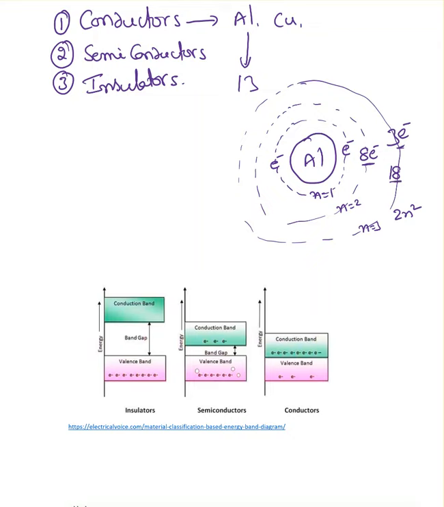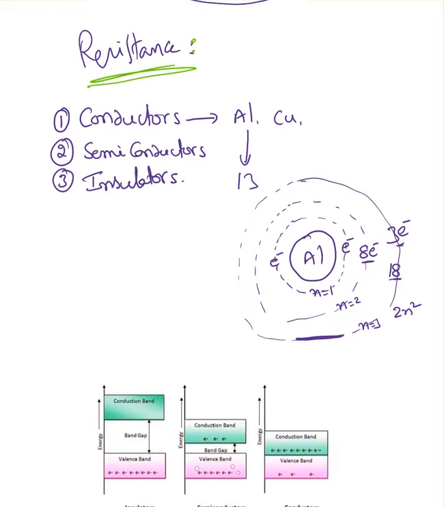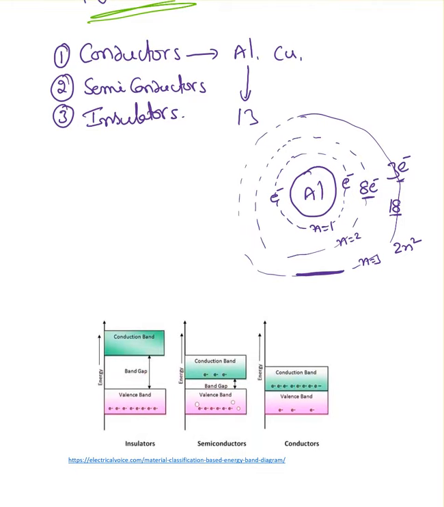Basically, if we look at this outermost orbit in a microscopic view, there are 2 bands. One is called the conduction band, and the other is called the valency band.